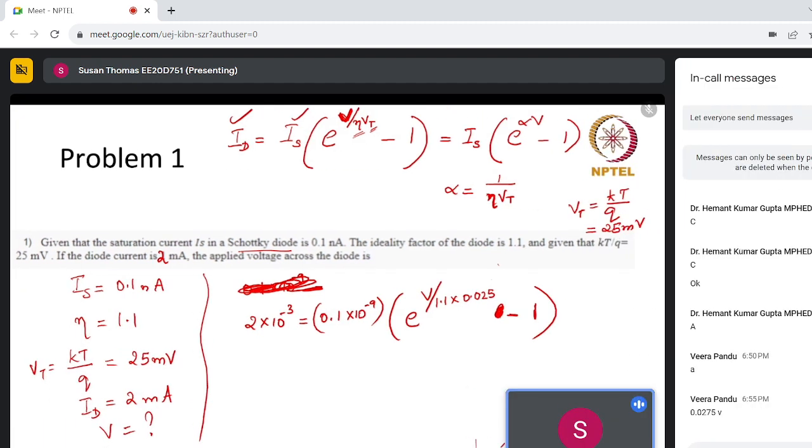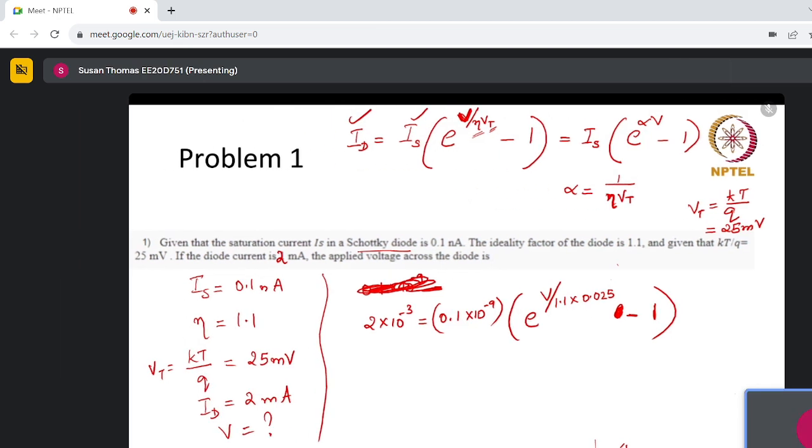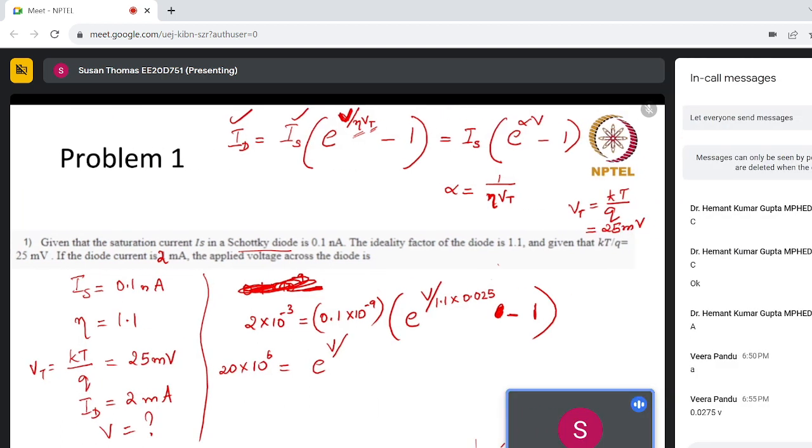Let's cross verify if all of us are getting the same answer. Once you get the answers, I request you to type in the chat.